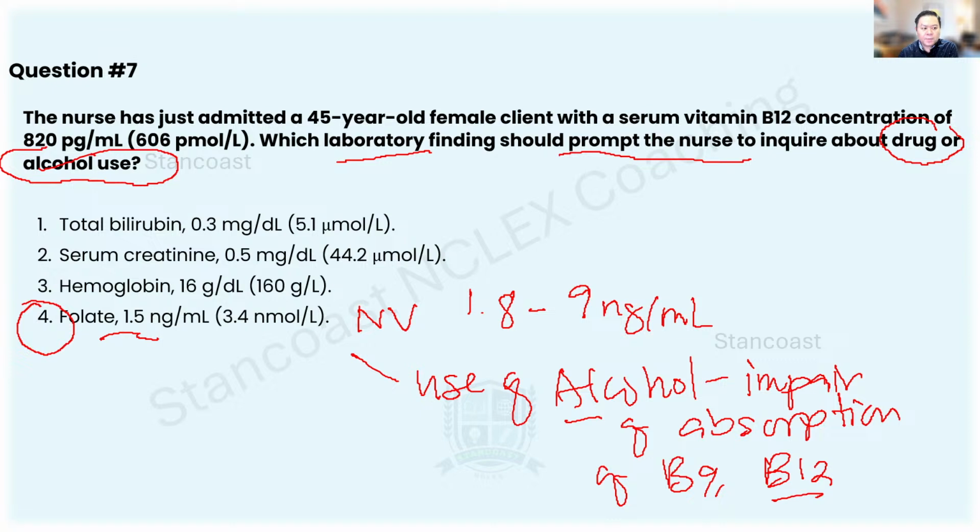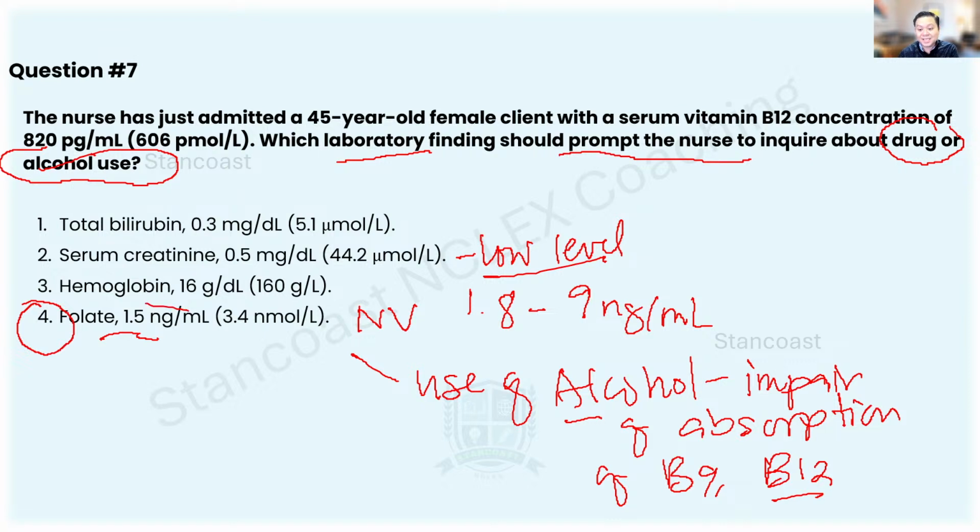If we are talking about number 1, total bilirubin of 0.3 milligrams per deciliter, this is indicating normal range. For number 2, serum creatinine of 0.5, that's not going to pinpoint the problem, because it's not associated with alcohol use. This is actually a low creatinine level, but not indicating alcohol use.